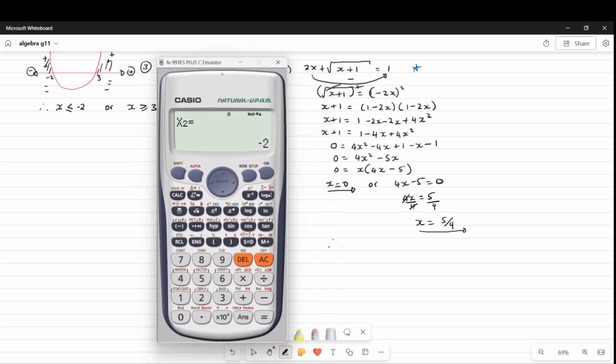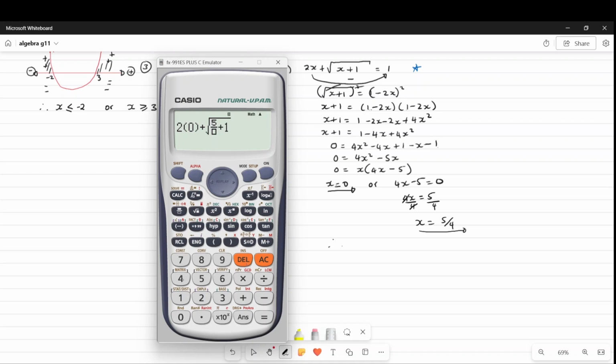Let's use a calculator to do that. We're testing, so let's start with 0. So 2 times 0 plus the square root of 0 plus 1, and our final answer is 1. We got 1. So now let's try 5 over 4. Let's see if 5 over 4 is going to give us 1 again.